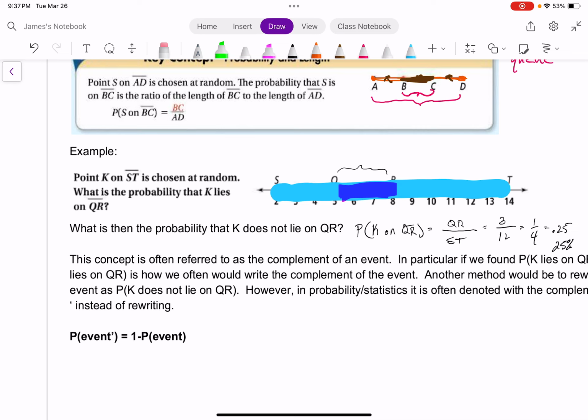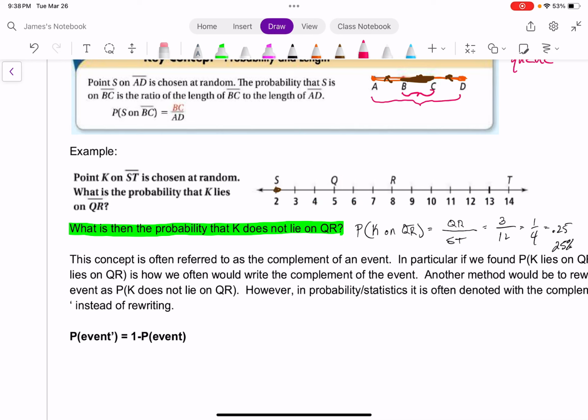When they ask what is the probability that K does not lie on QR, there are a couple of ways you can do that. If it's not going to lie on QR, then it's got to lie either there from S to Q, or from R to T. So the probability of K not on QR, there's a couple different ways you can write that.